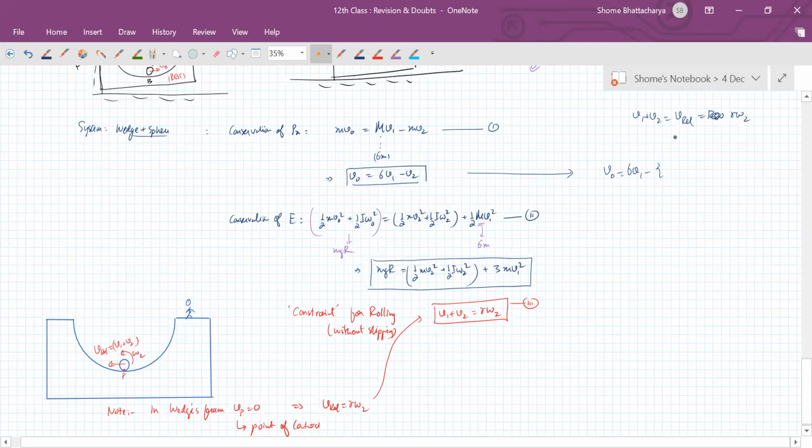So we can write V2 is equal to r omega 2 minus V1. So now we have this relation that V0 is equal to 7V1 minus r omega 2.